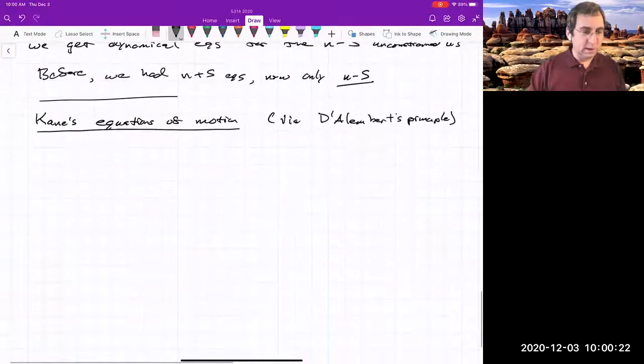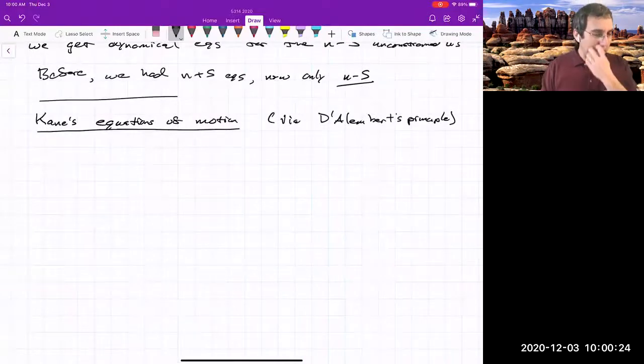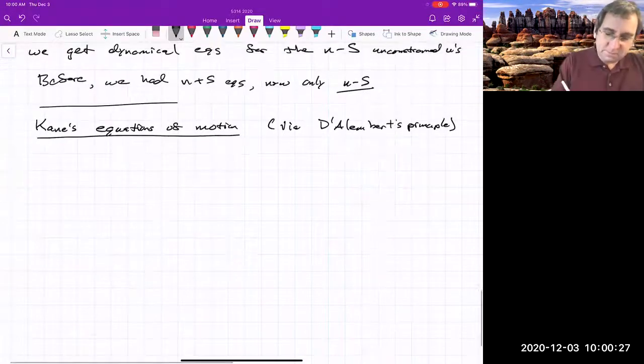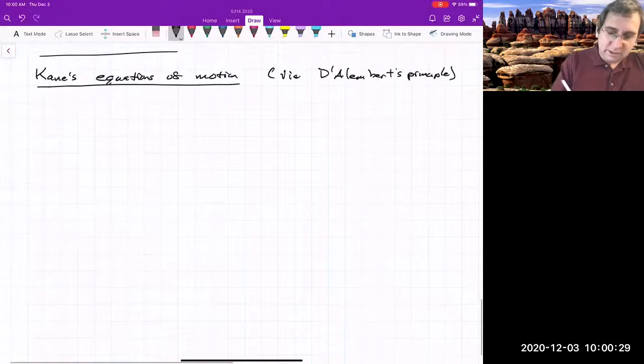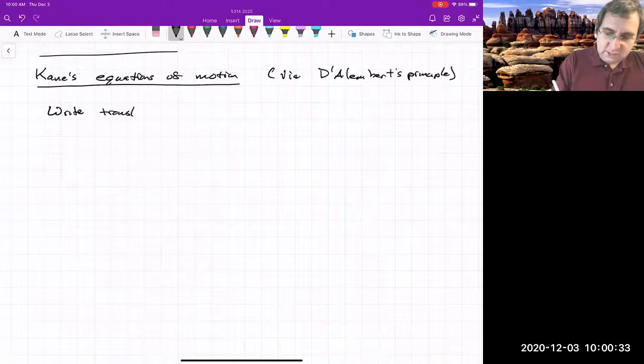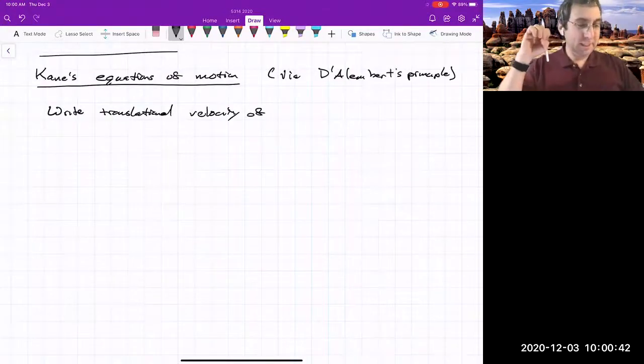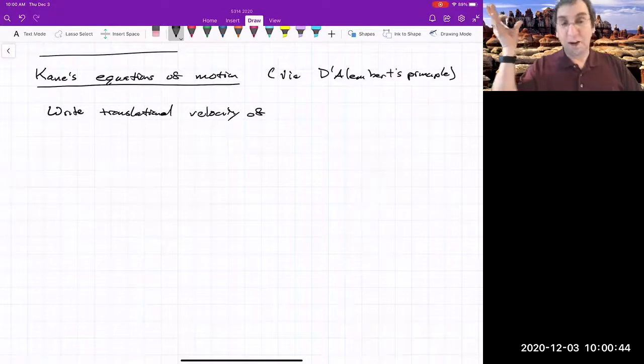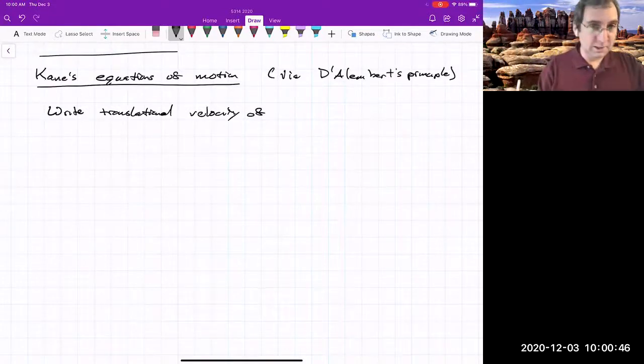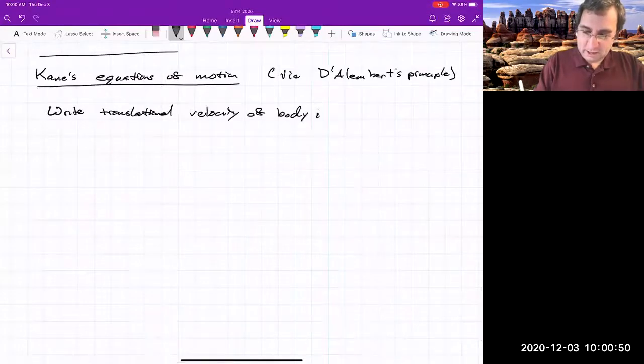So we're basically just going back to Newton's laws. But here's what we do. Let me write it out. We write the translational velocity of, and we're thinking of a set of multiple rigid bodies in general, so we'll write the translational velocity of body i center of mass.